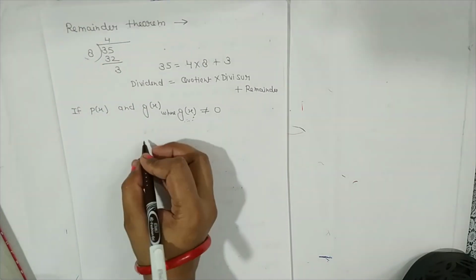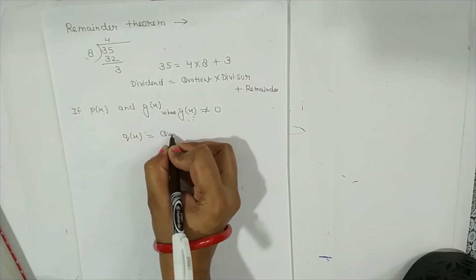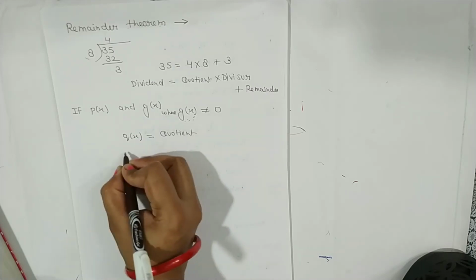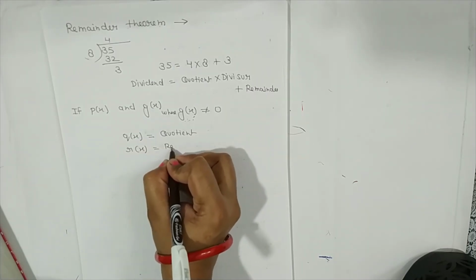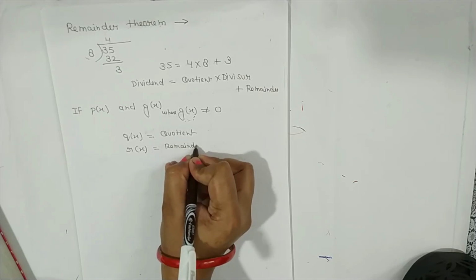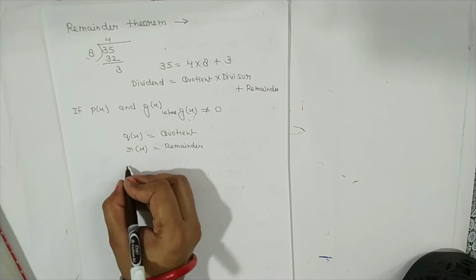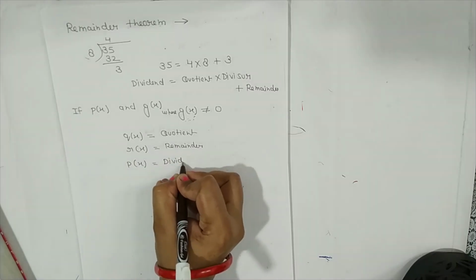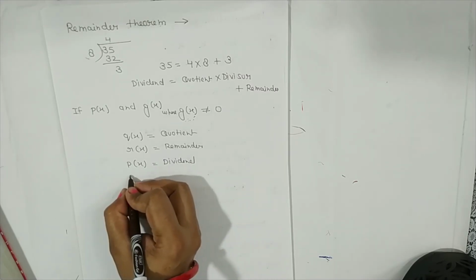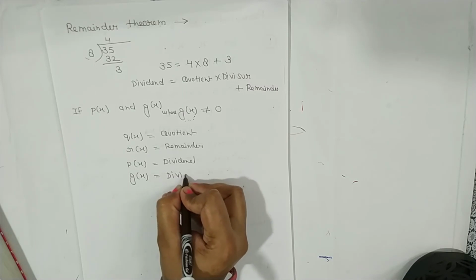So q of x denotes the quotient and r of x denotes the remainder. Then p of x is the dividend and g of x is the divisor.